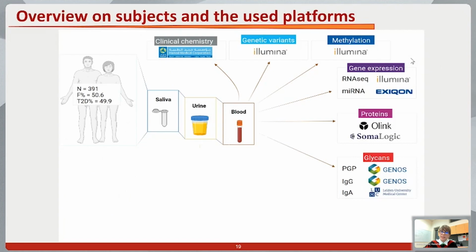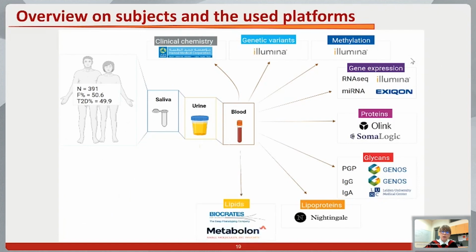We also extensively looked at the glycans. So we looked at the total glycans and glycans, which are highlighted here as PGP, and glycosylation of IgG. Those were done in collaboration with Genos and Gordan Lauc. Also, we looked at the glycosylation of IgA. We further monitored lipoproteins using the Nightingale platform, lipids using Biocrates P180, as well as Metabolon, the complex lipid panel.